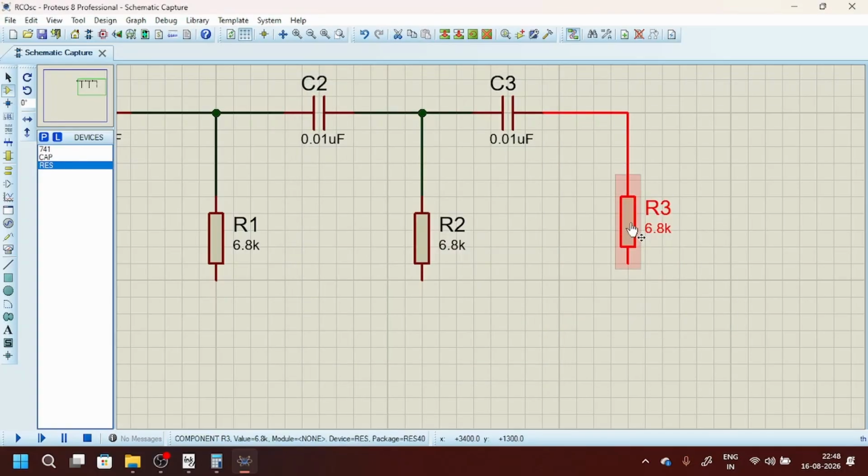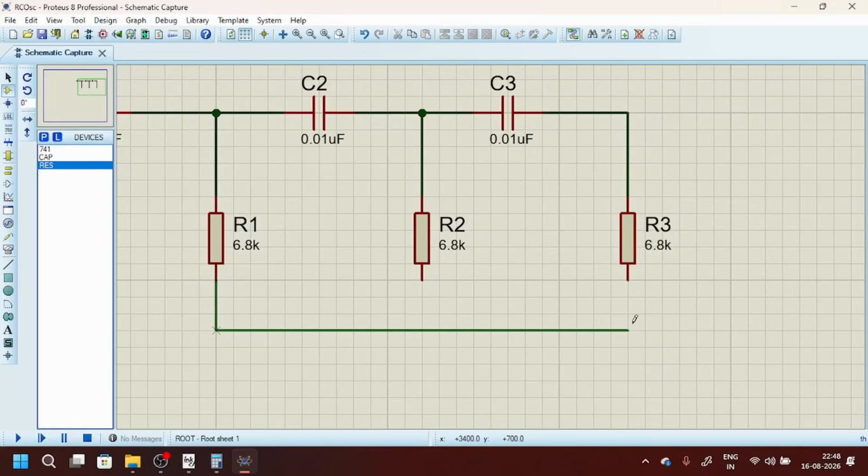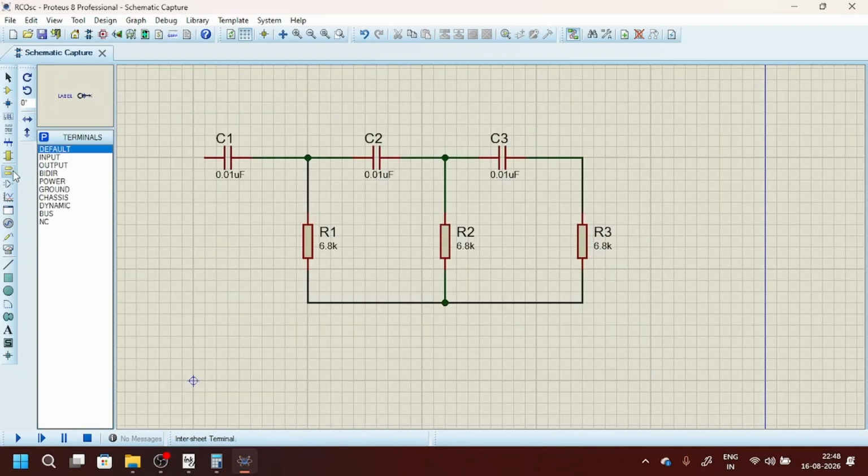And I need these to be connected to a proper ground. So terminal, just take the ground and click it here.